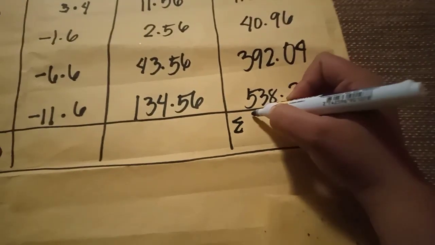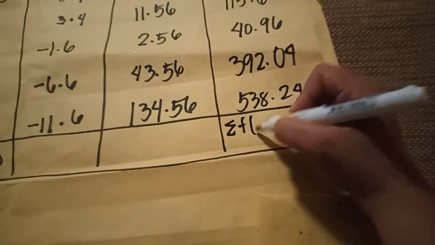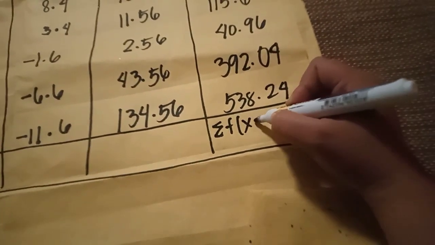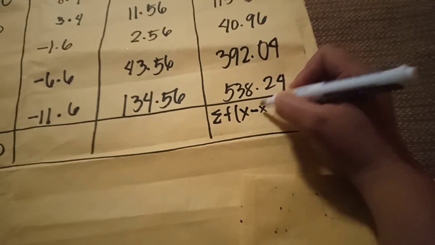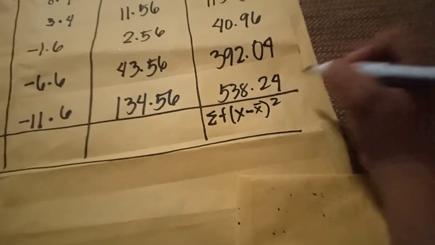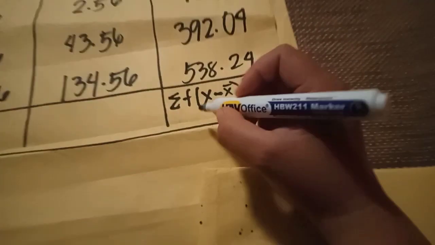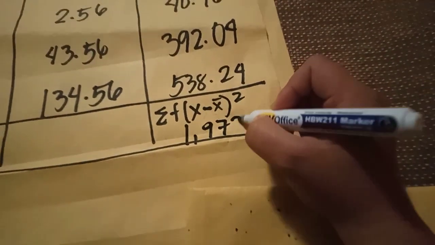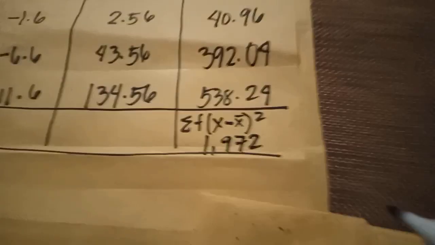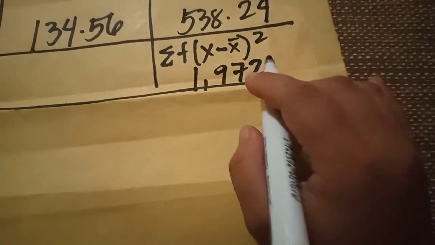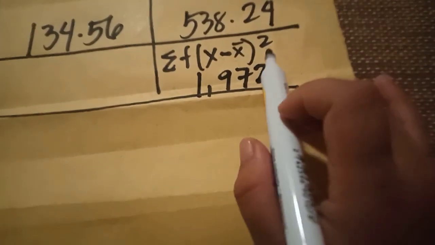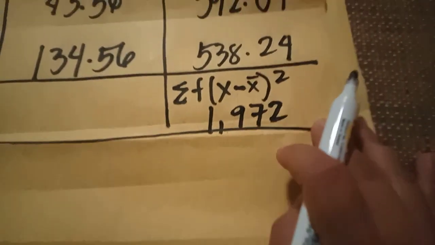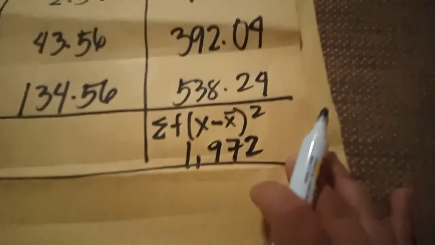And the summation of f times x minus x bar quantity squared is equal to 1,972. And now that we have the answer for this column, we are ready to solve for the variance.